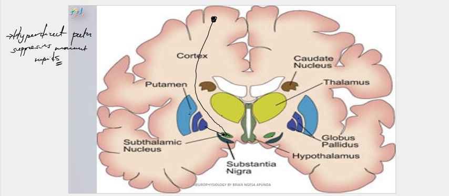These represent the cell body, and this the axonal end. Once these are activated, remember our subthalamic nucleus normally sends an excitatory signal so that this becomes active.